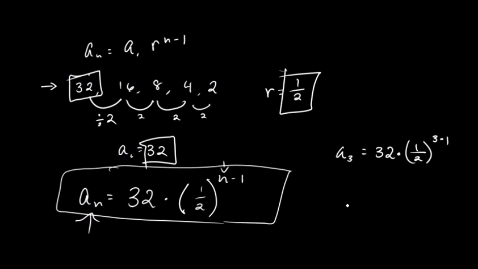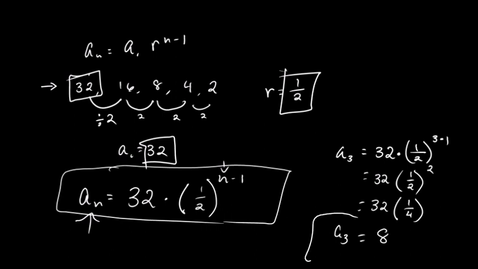Do not multiply first. So I have 32 times 1/2 to the second power. We are not multiplying by 2, we are raising 1/2 to the second power, so we're squaring it. So 1/2 times 1/2 is 1/4. And your final answer should be 8. a sub 3, your third term here, is 8.